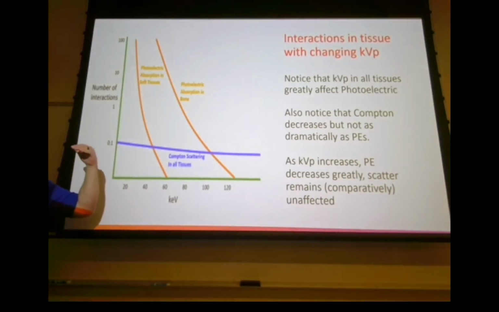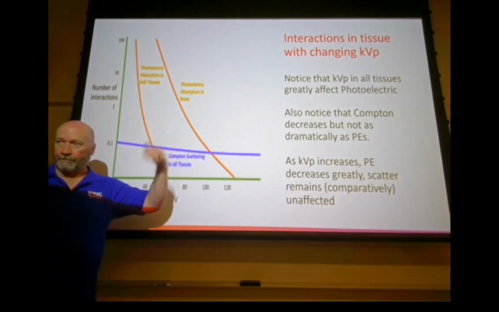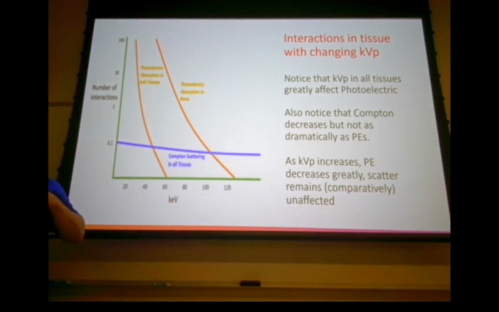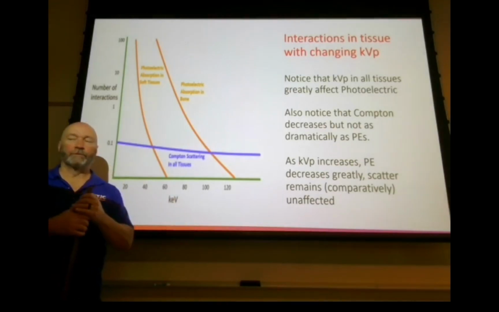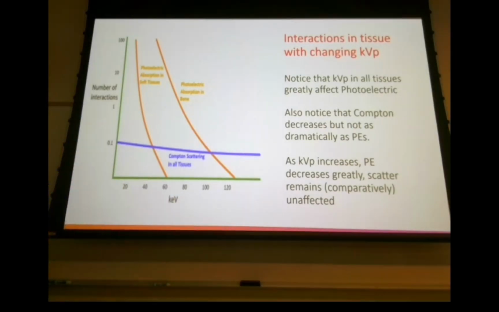So if the X-ray photon interacts with bone, it's going to bounce around in a very tight area and be absorbed much more quickly than in soft tissue. With soft tissue, we're going to have more penetration.